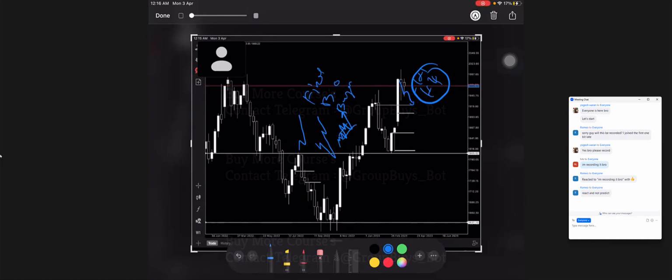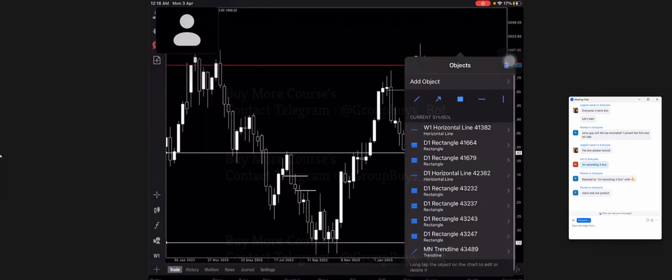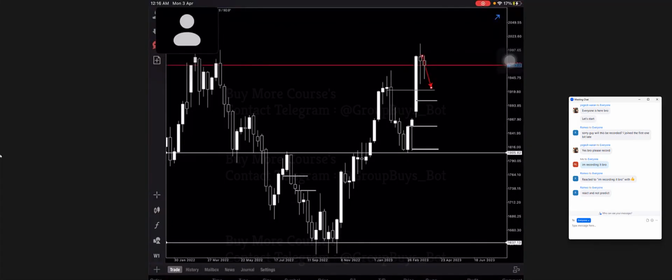If the price goes to this level, explain to me. Don't explain when the price has not reached this level yet. Just explain when the price has reached this level, because I want the answer from you guys. Once I get your answer, I will explain what I see. Do you understand? Yes, sir.